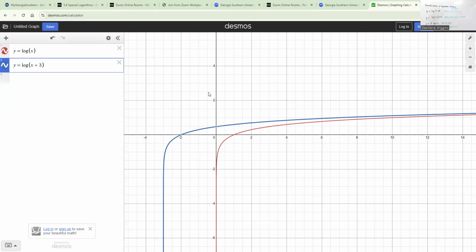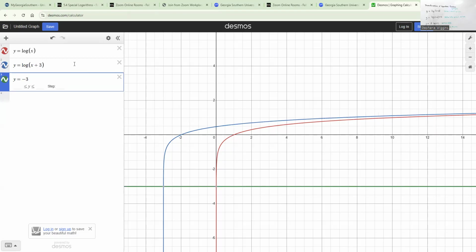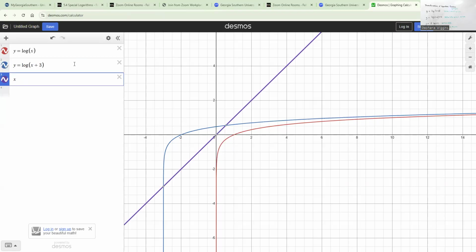So here's the vertical asymptote for the red function, which is the basic common log function. And now that asymptote has been shifted over 3 units to x equals minus 3 is our asymptote.